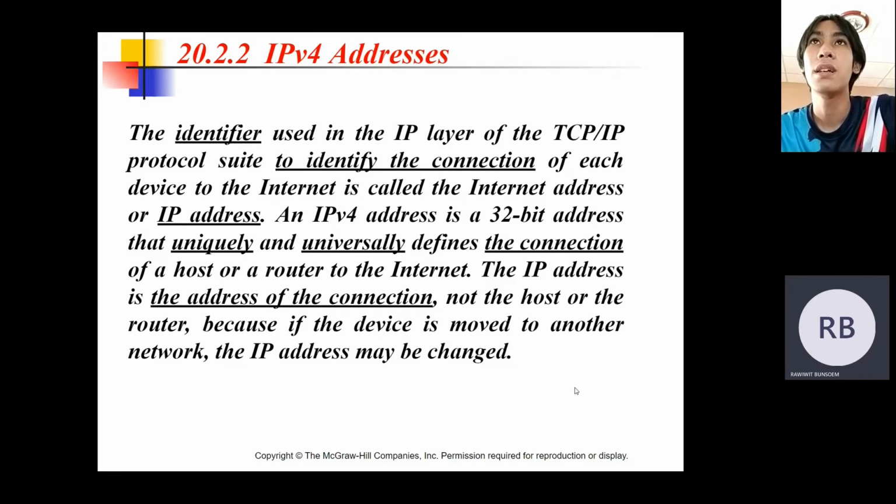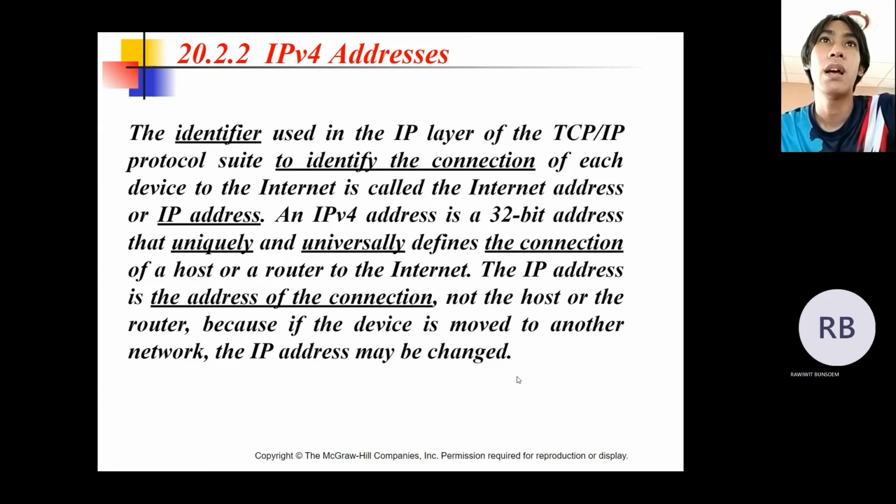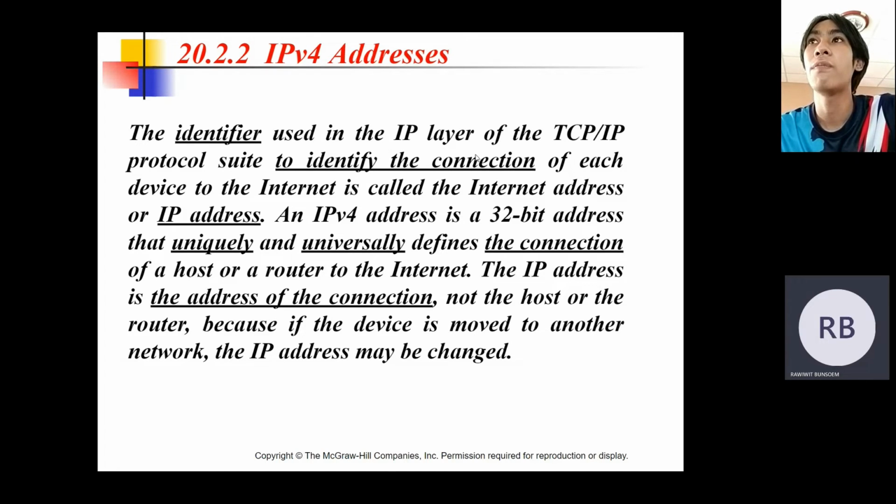The next is IPv4 address. The identifier used in the IP layer of the TCP/IP protocol to identify the connection of a device to the internet is called the internet address or IP address.